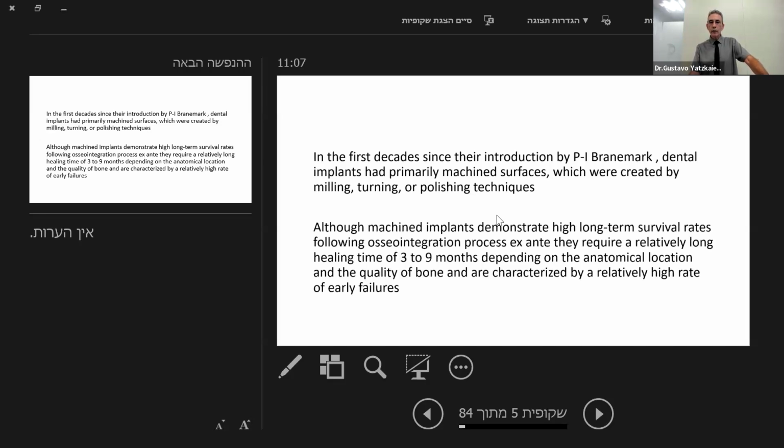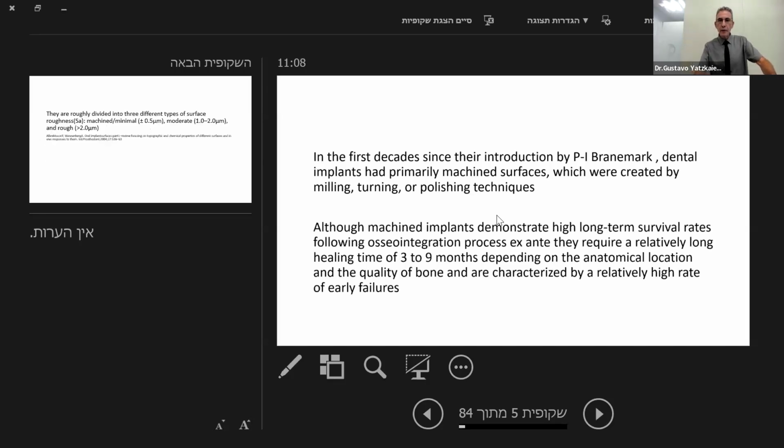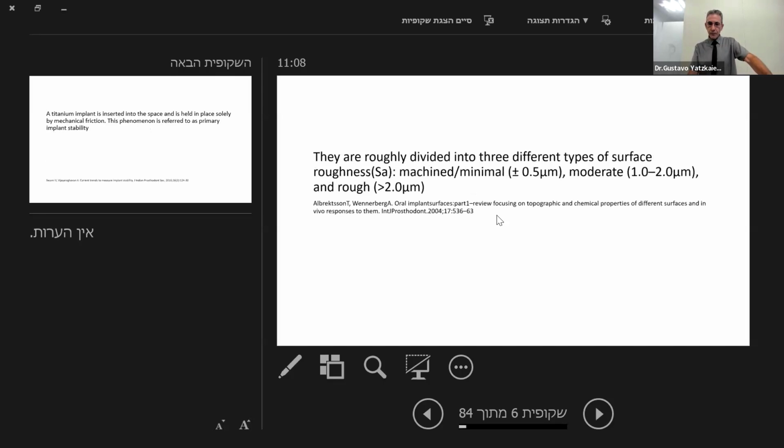But we found two problems with these implants. The first problem was that the healing time was longer, from 3 or 6 months to 9 months. And the second problem was a high rate of early failure.